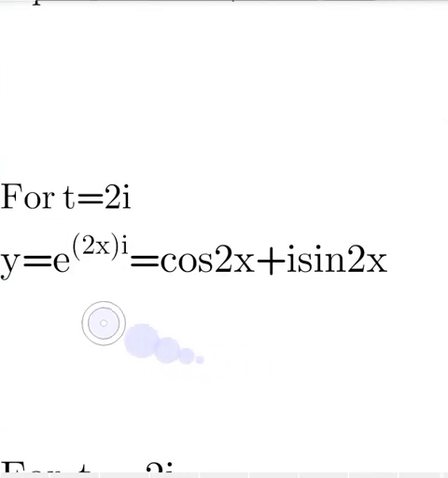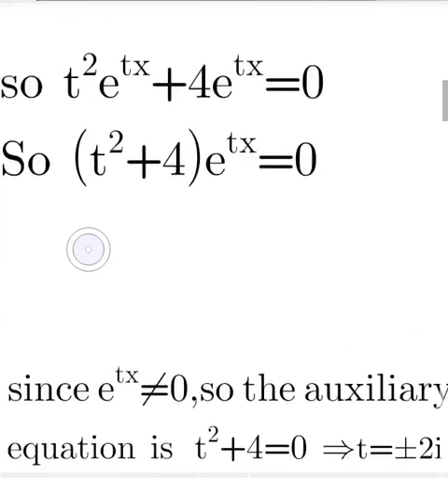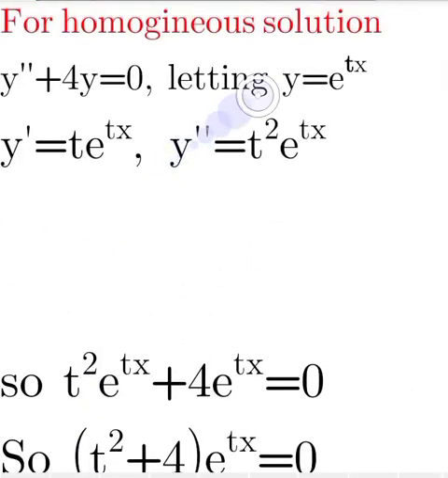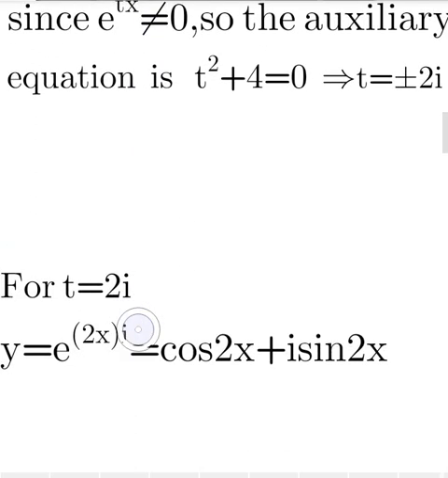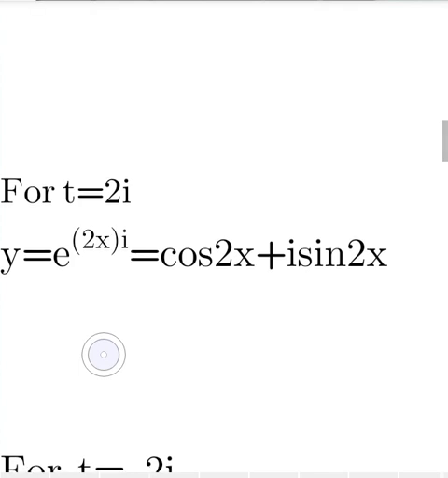Remember, before we started, we said y is equal to exponential of tx. So when t is equal to 2i, what happens? If you remember the laws of imaginary numbers, we'll have cos of 2x plus i sine of 2x.